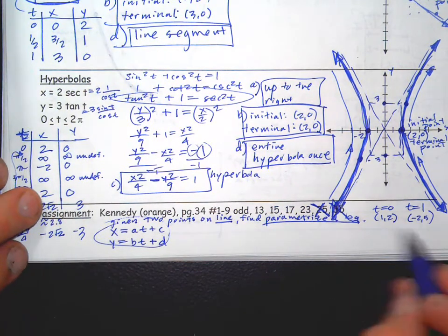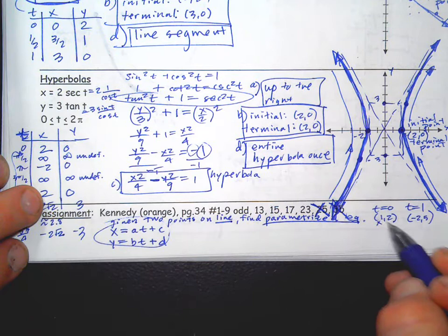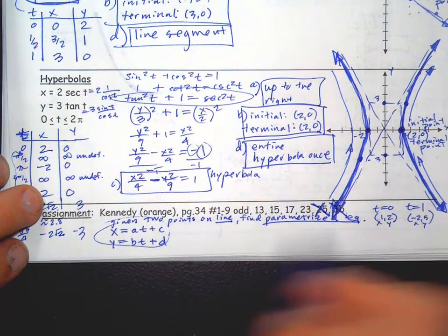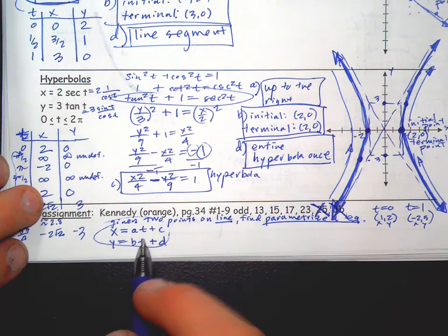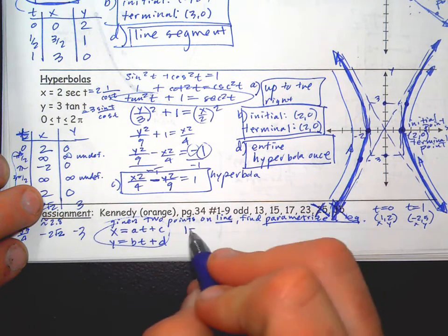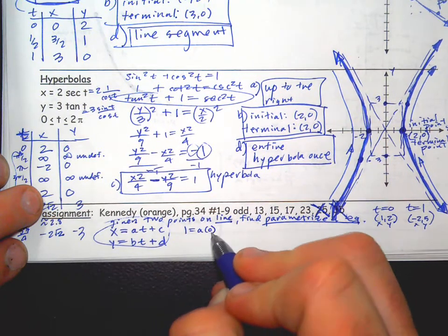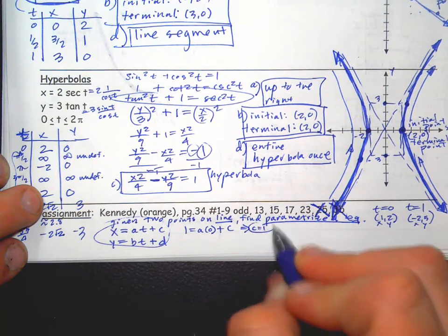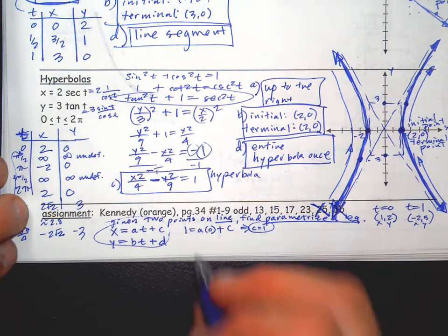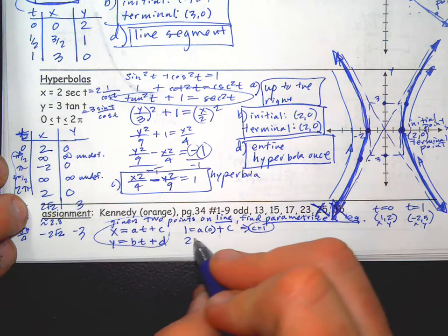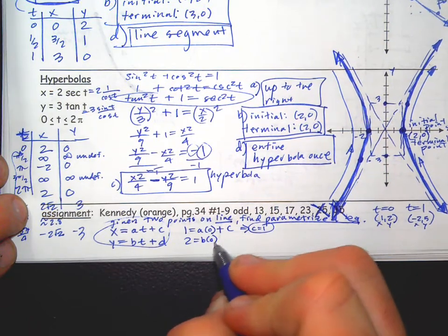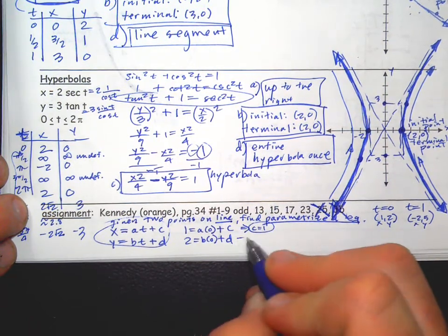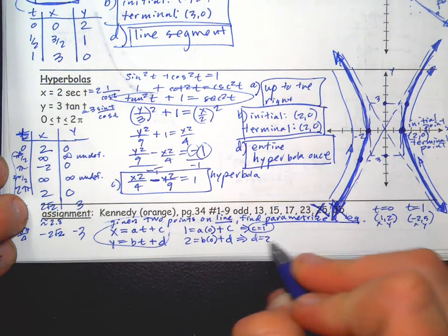And then what we're going to use is this information. These are x, y pairs that go with certain times. So if I plug in time 0 and x equals 1, I get c equals 1, right? And if I plug y equals 2 and time equals 0 in, I get d equals 2. So I have part of what I need.